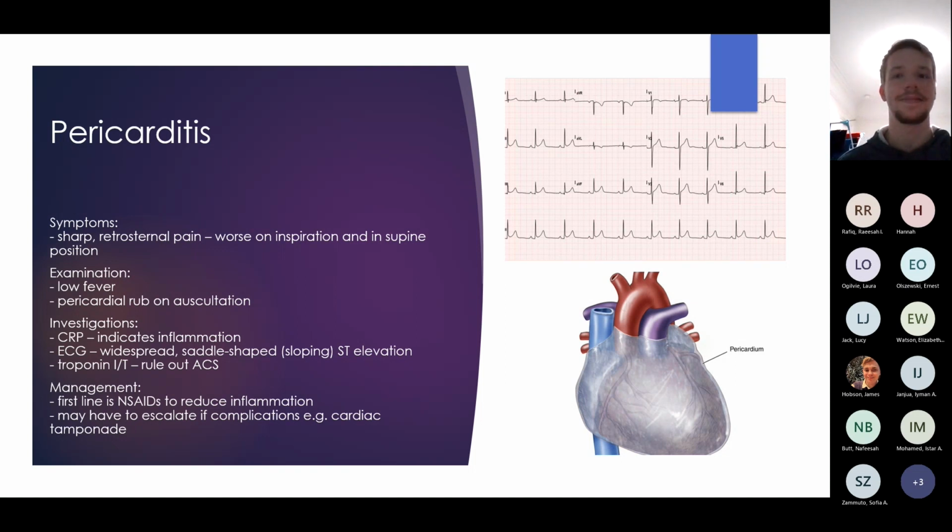So how you differentiate it from a STEMI, an ST elevation myocardial infarction, is that in pericarditis it has a concave shape to that ST elevation, whereas in a STEMI, it's often more of a convex shape.